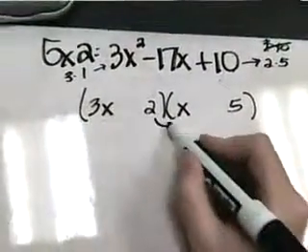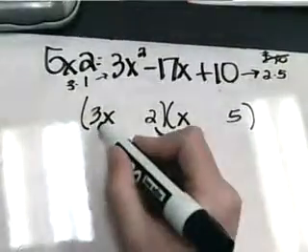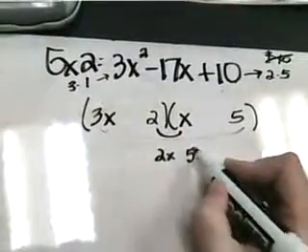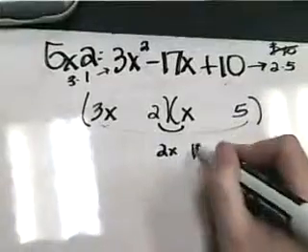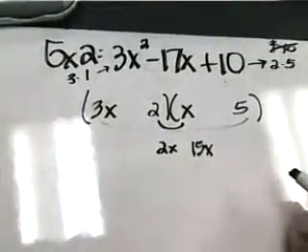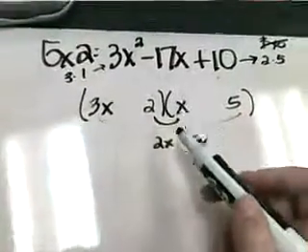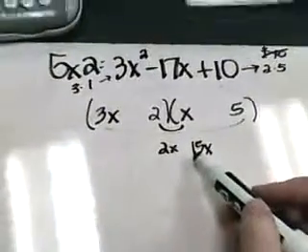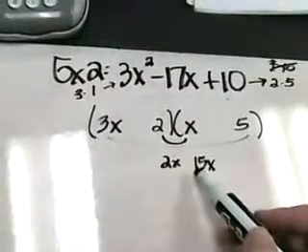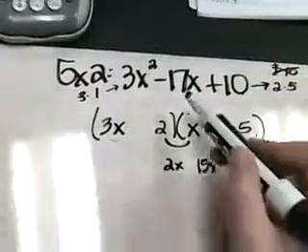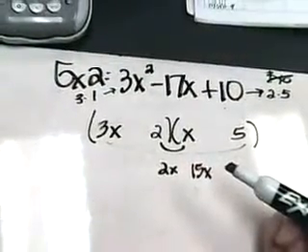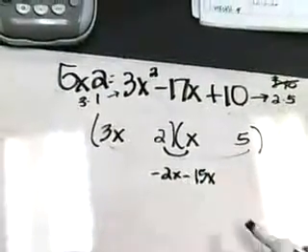Okay, check your middles. 2x. Check your outsides. 15x. Can I get to negative 17? 2 plus 15 is 17. What would my signs need to be to get negative 17? They would both need to be negative.